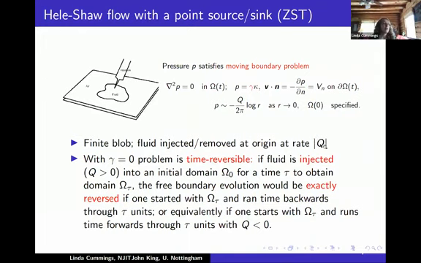So I'm going to take Q to be the parameter that represents the strength of the source or sink in the problem. And so if you want to model that, then you have to specify the right form of the pressure singularity at the origin. So it turns out the pressure has a logarithmic singularity there. So this is what the local behavior of the pressure looks like as polar coordinate r goes to 0. And of course, as usual, we have to specify the initial fluid domain omega.